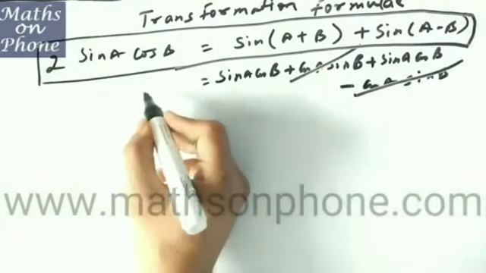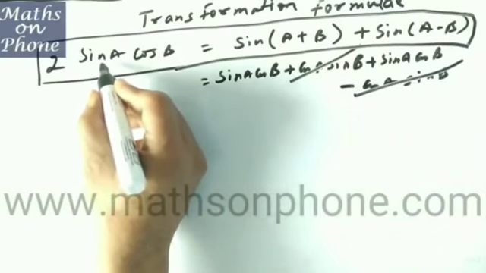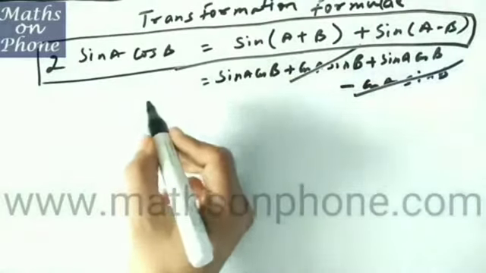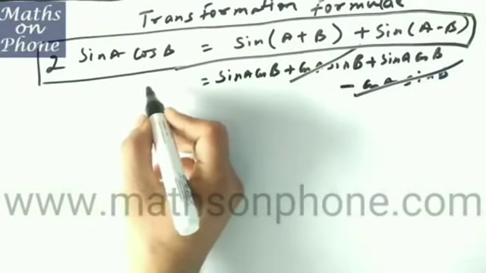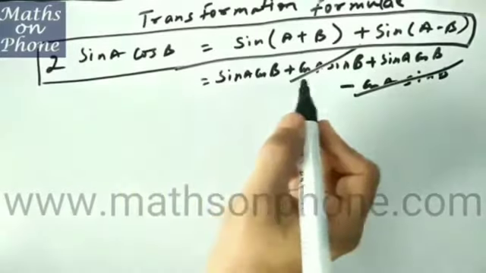Very easy to remember. I just told you earlier that wherever you find one sine and one cos, that is the formula for sine only. In the case of cos, what you see is both the cosines will be together and both the sines will be together.